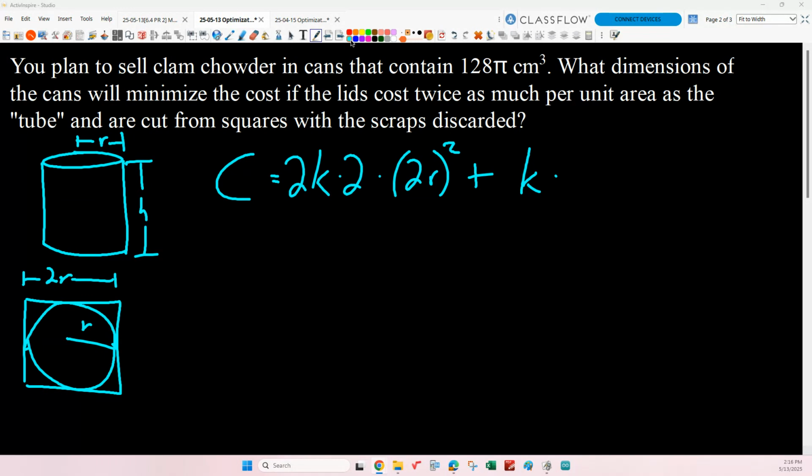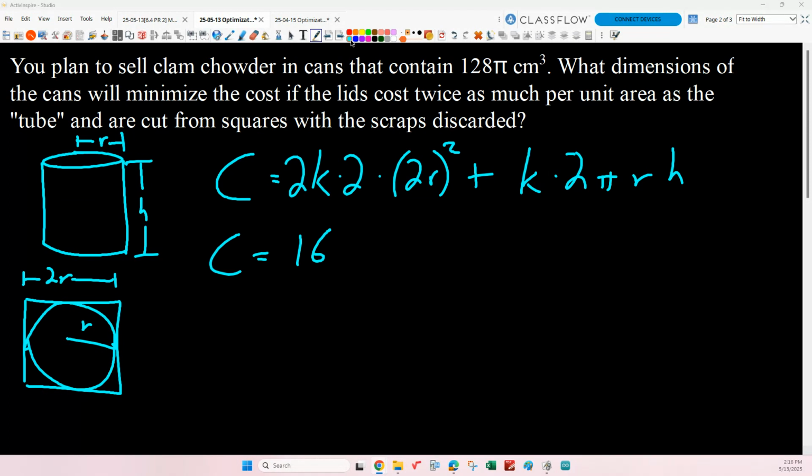This is a cylinder though, right? The circumference. What's the circumference of a circle? 2 pi R. And then we need H, times H.